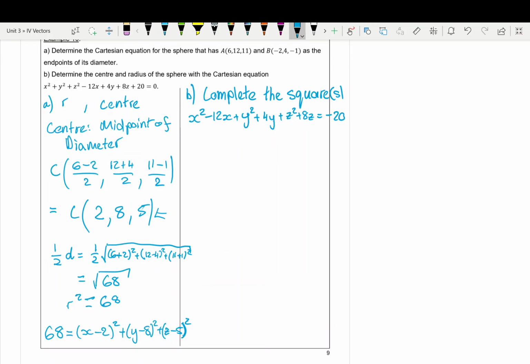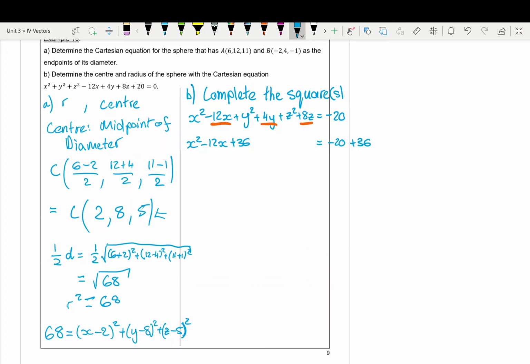So looking at these three terms here, negative 12x, 4y, and 8z, they're the b term that we have to half to complete the square. So if I'm going to add to both sides, x squared minus 12x, half of 12 is negative 6, squared is plus 36. If I'm adding that to the left, I also have to add it to the right.